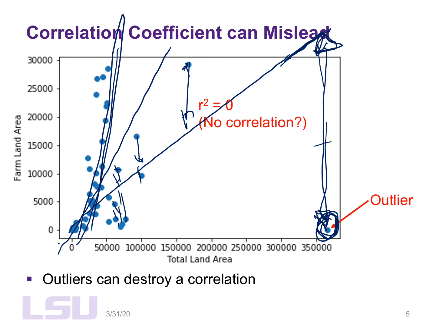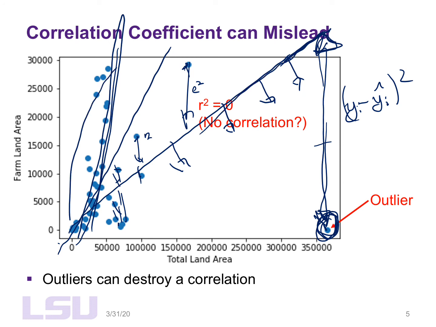When you square this y minus y hat, it becomes so large in comparison to the square of this error and these other ones. So this will pull all of this line towards the outlier, and the quality of the line becomes very weak. I mean, how well does this line fit through this data? Because this is actually the important stuff.